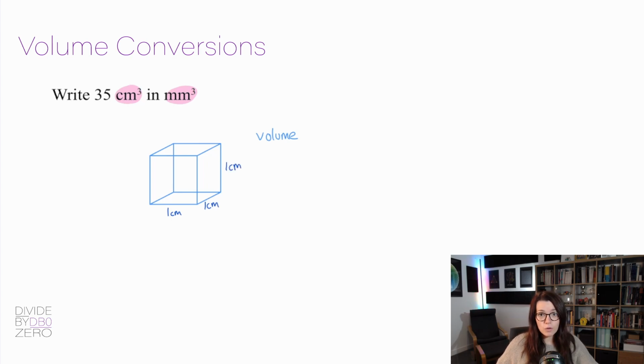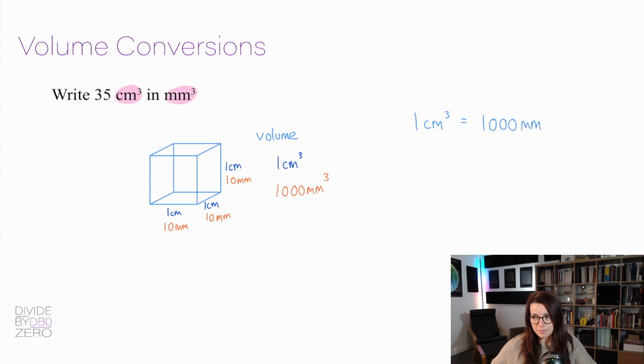If we were to find the volume of that cube, we just do 1 times 1 times 1, which is 1 centimeter cubed. Let's think about centimeters in millimeters now, so 10 millimeters each time. To get the volume in millimeters cubed, we need to do 10 times 10 times 10, which is 1,000. That gives us the conversion that 1 centimeter cubed is equal to 1,000 millimeters cubed.